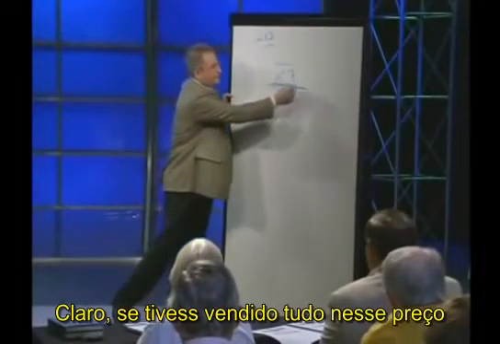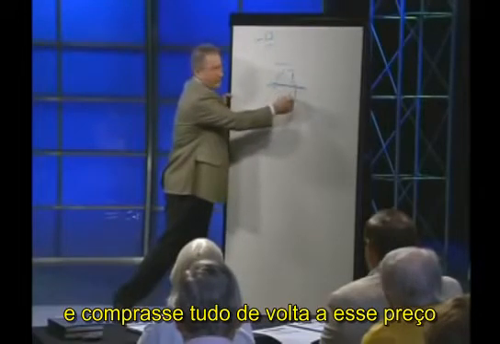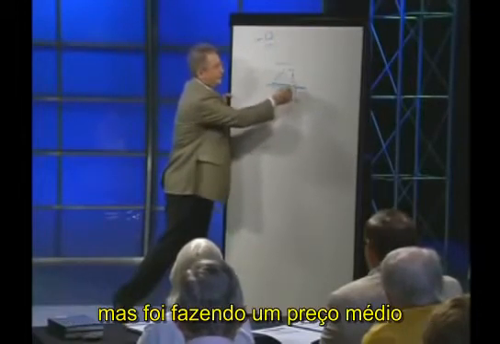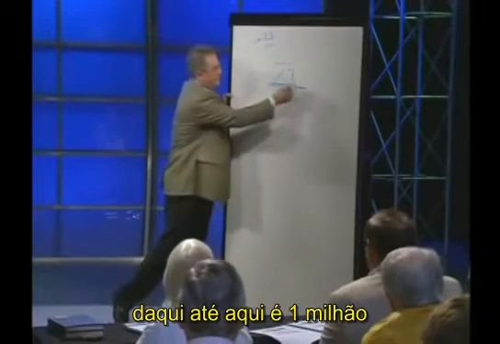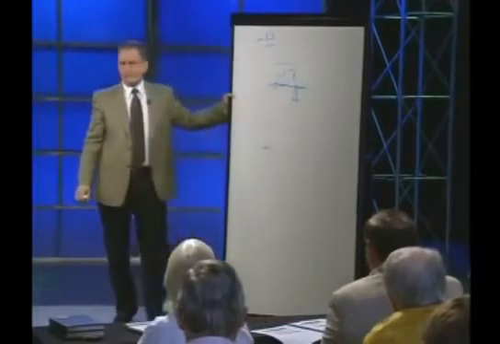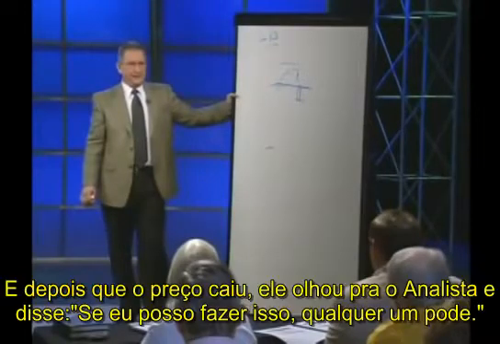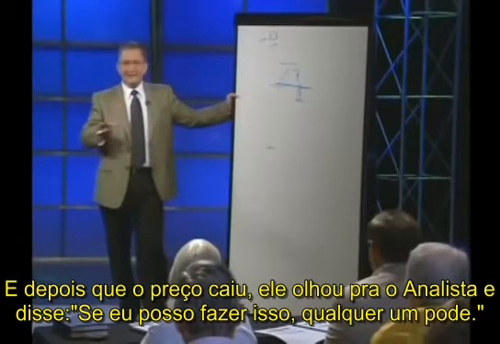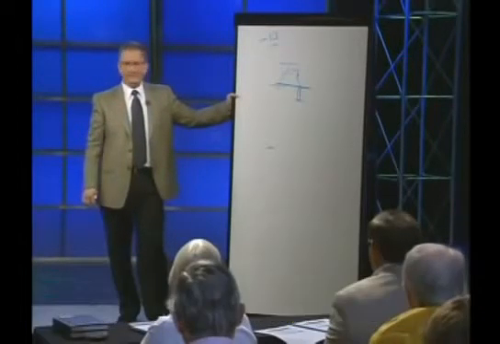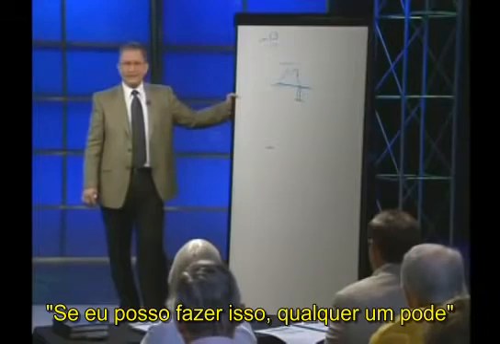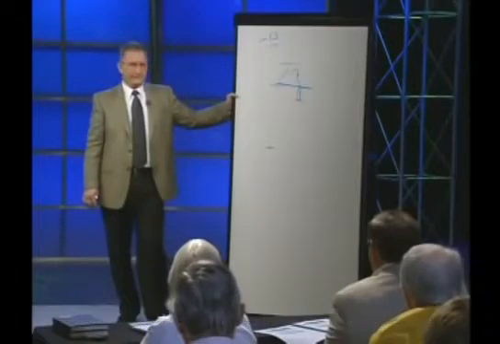If he'd have sold all of them at this price and bought them all back at this price, but there was an average price down. But from here to here is $1 million on 2,000 contracts. And then after the price dropped, he looked at him and said, hey, if I can do that, anybody can do that.